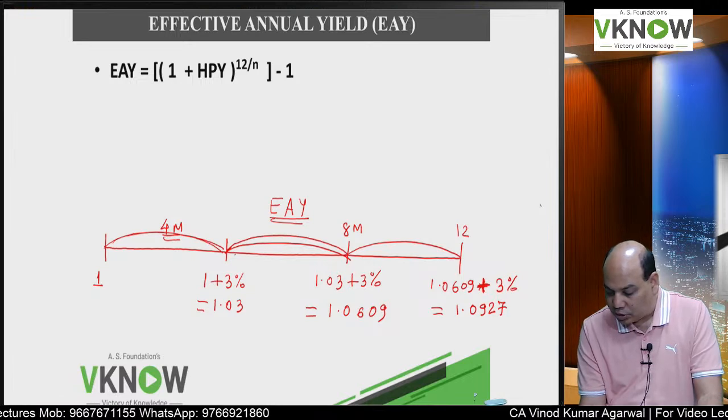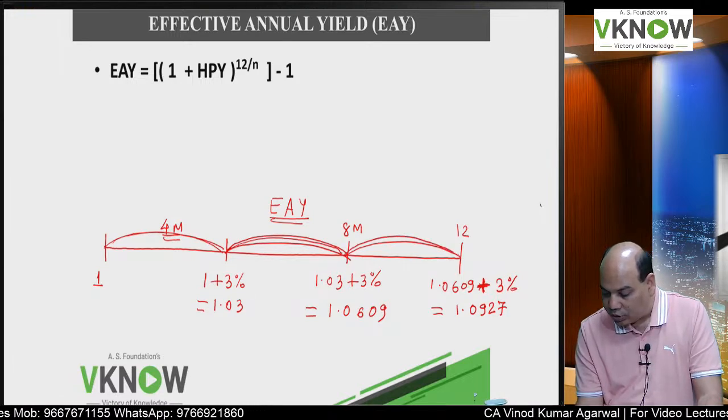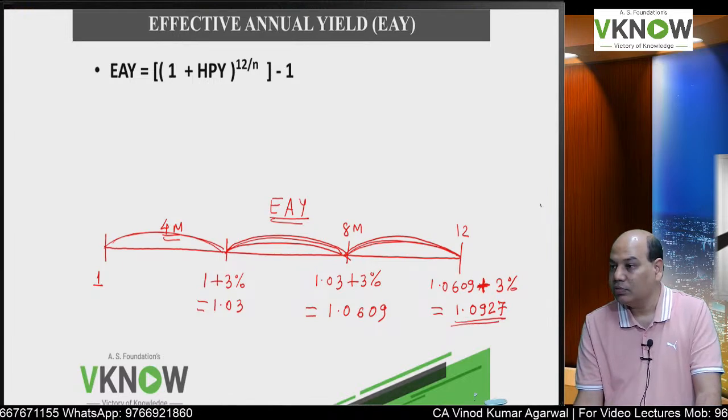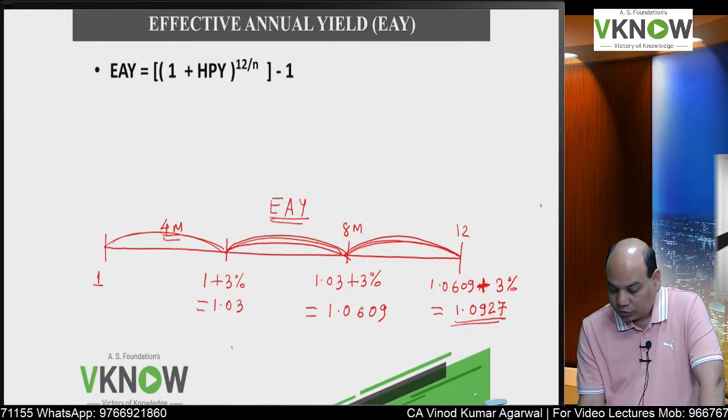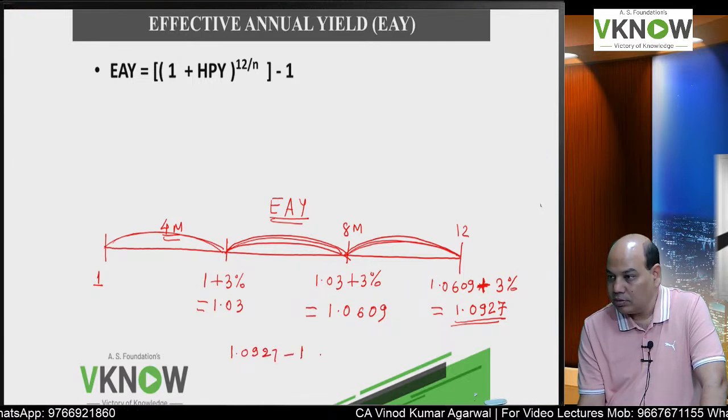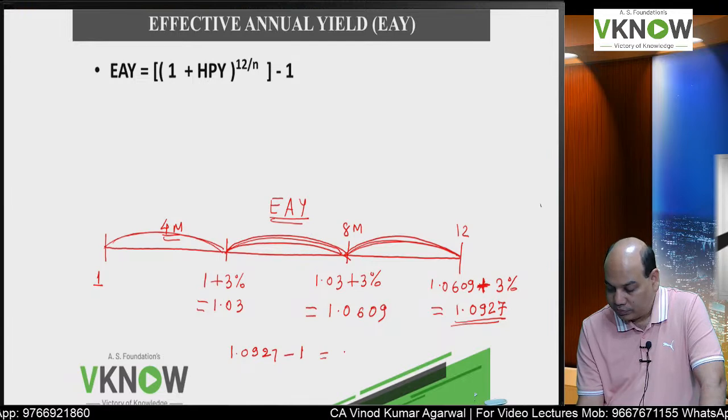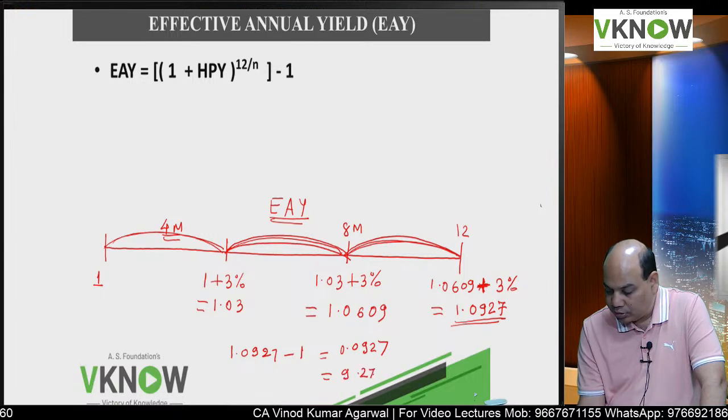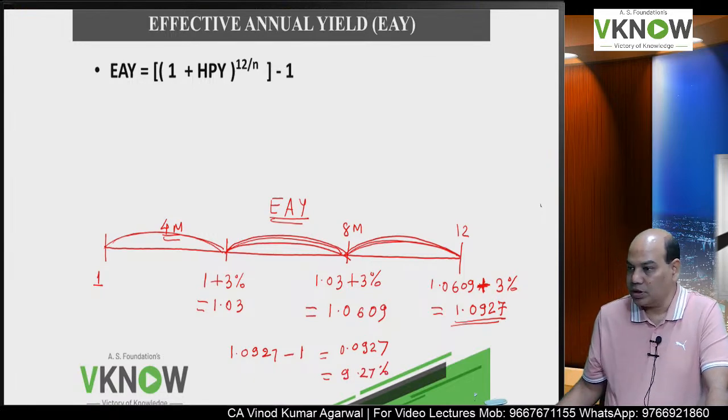So if you earn 3%, again you earn 3% on that amount, and again you earn 3% on that amount. How much amount you will have at the end? 1.0927. So 1.0927 minus 1, that is the amount you had invested, you got 0.0927, which is equal to 9.27%.